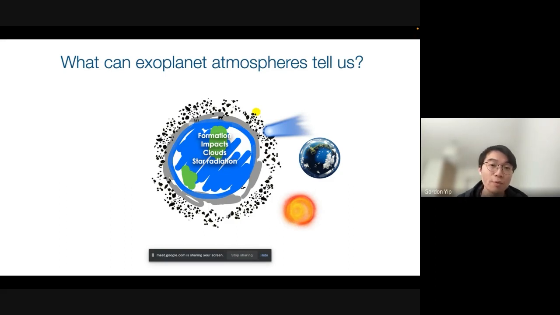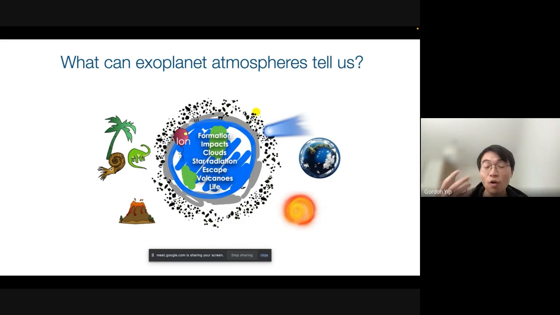It also determines some of the chemical processes, such as the ozone layer on Earth, ion escape from the atmosphere, and volcanic activity, such as what you can see on Venus, which will actually reveal itself in the atmosphere. And then obviously biosignatures, life, which is one of the holy grails of exoplanet atmospheres: can we actually detect such a thing? But spoiler, we haven't been able to do that yet. That's basically what studying exoplanet atmospheres can tell us about what lies within the planet itself.